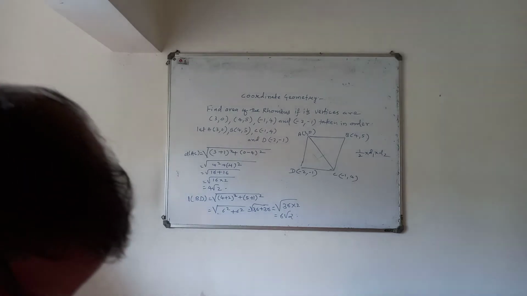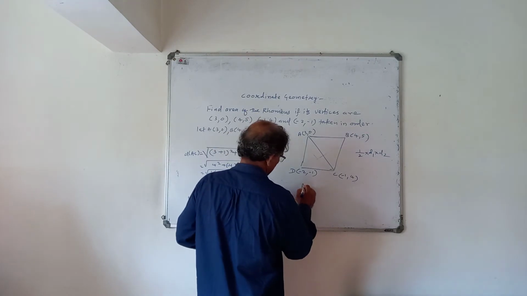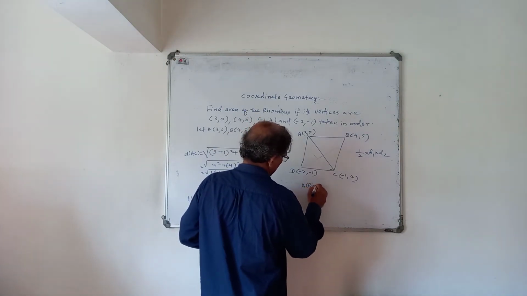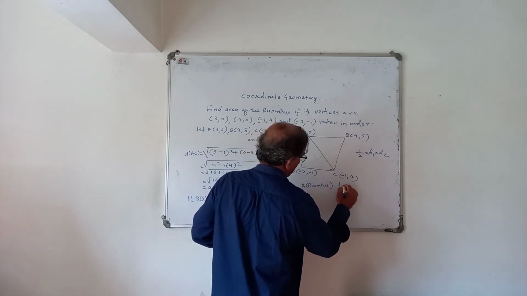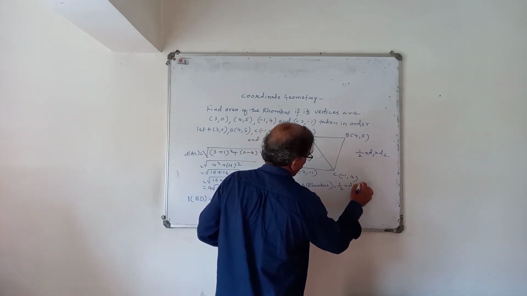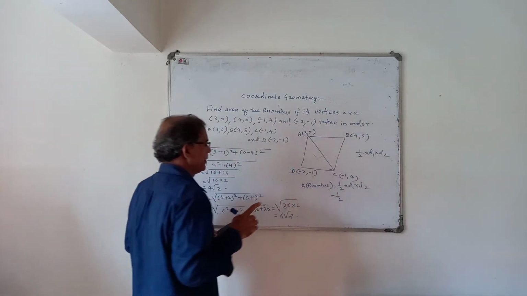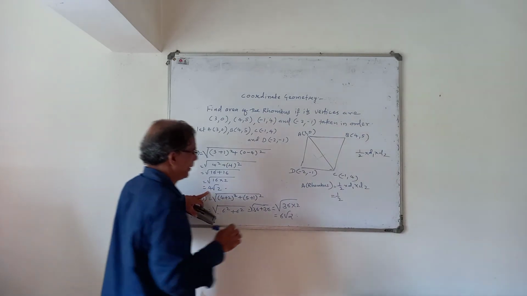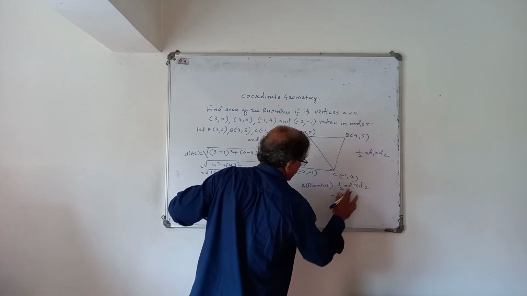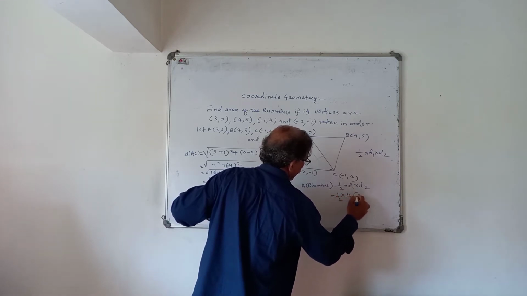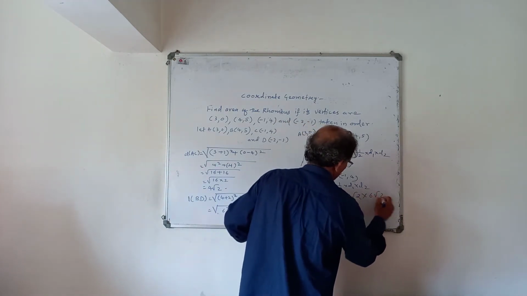Now we can find area by that formula. What is that formula? Area of rhombus. Half into d1 into d2, and half into d1 means length of first diagonal, which we have calculated 4 root 2, half into 4 root 2 into second diagonal, how much? 6 root 2.